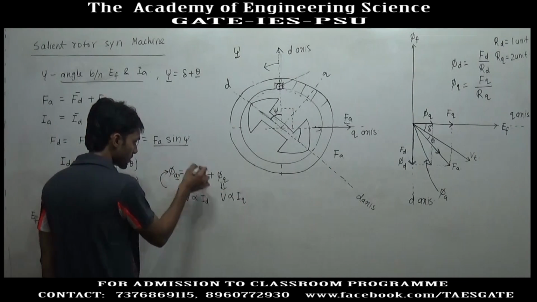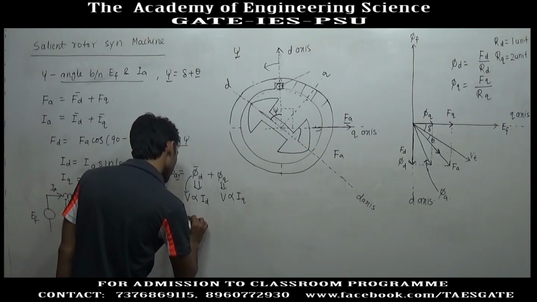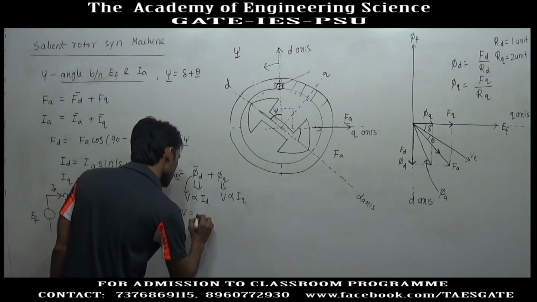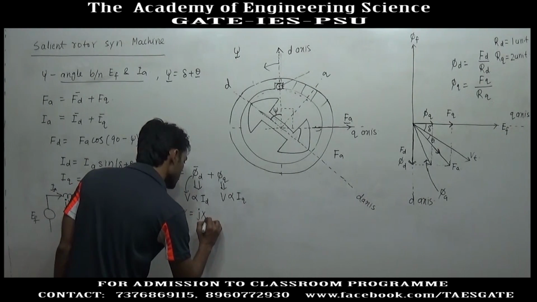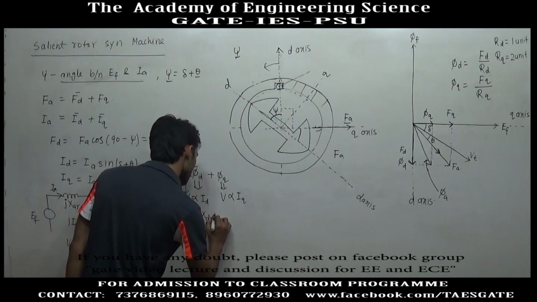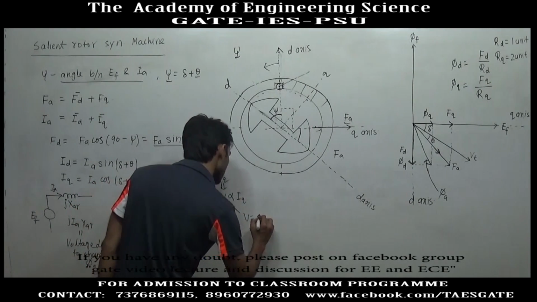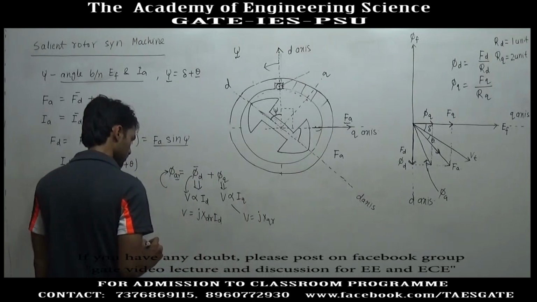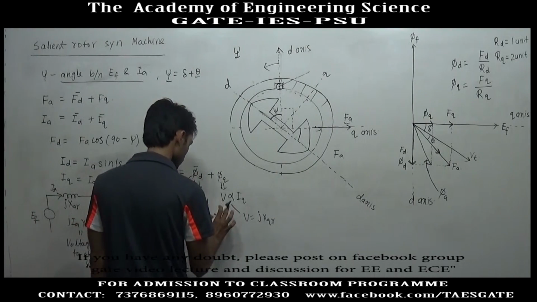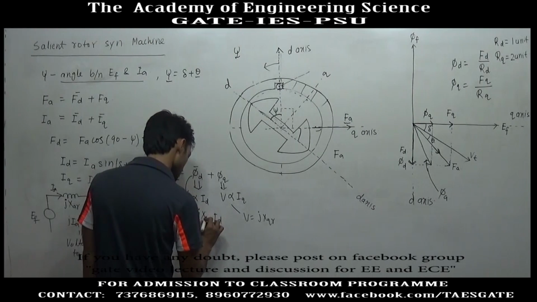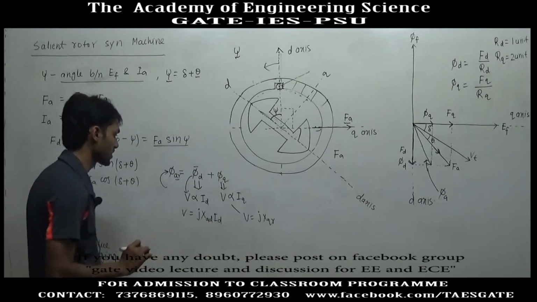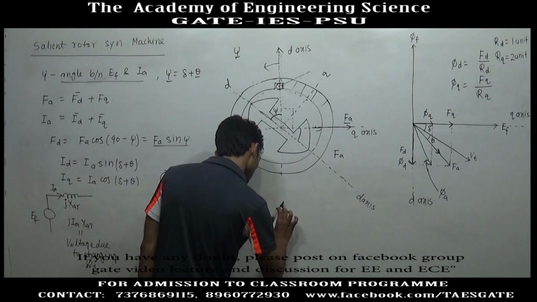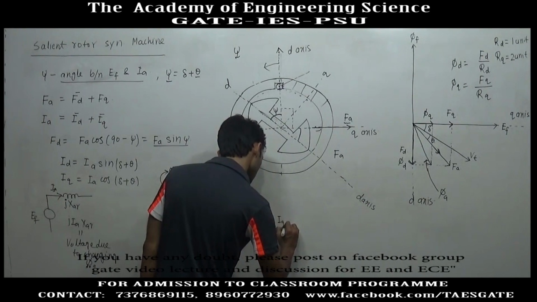To show the effect of this flux in the circuit diagram, we will say the voltage due to D axis flux is equal to J XAD into ID, where XAD is the armature reactance along D axis, and here the voltage will be written as J XAQ into IQ, where XAQ is the armature reactance along Q axis.